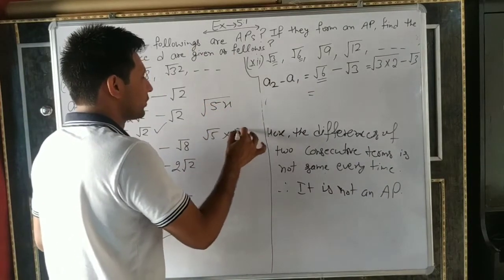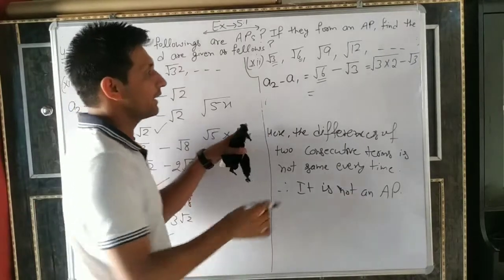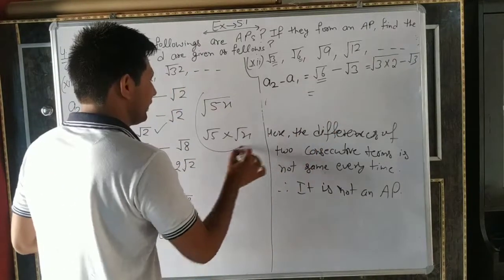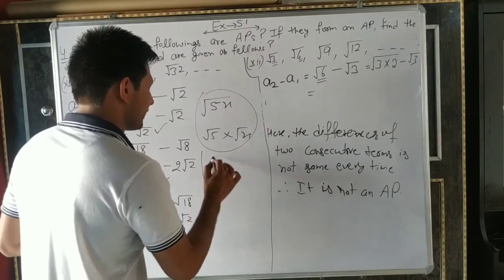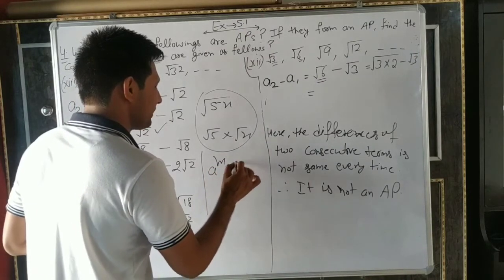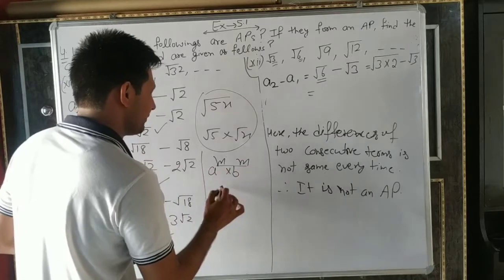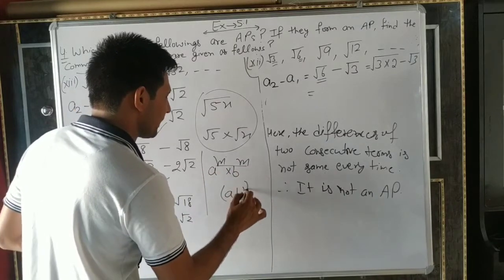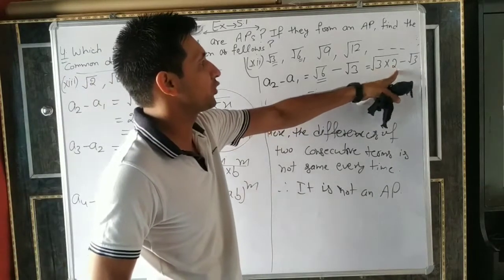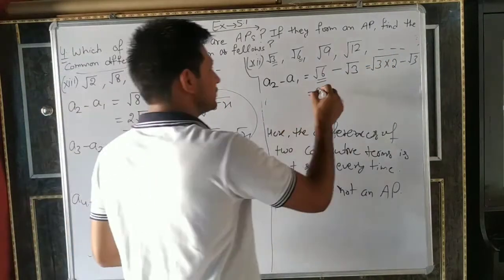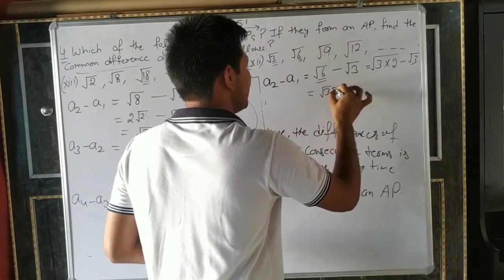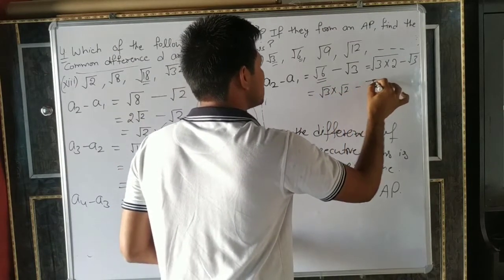Root 5 into root x. Separately we can write. The formula everyone knows: a to the power m and b to the power m, if the power is the same, a into b to the power m. Same as 3 into 2 to the power 1 upon 2, and we can write separately also. It is root 3 into root 2 minus root 3.